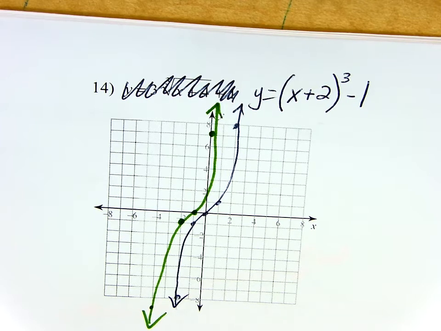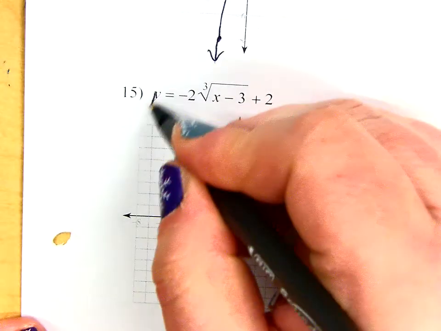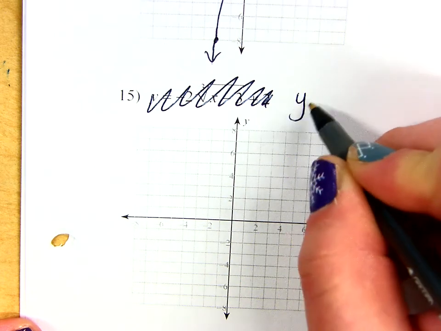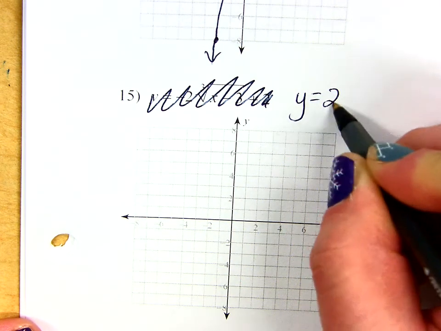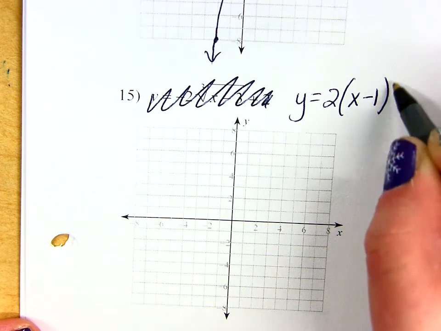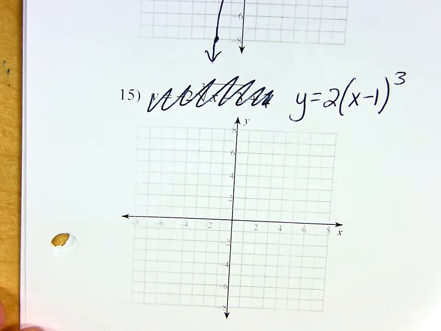Now you can have numbers out in front that stretch or shrink things just like we have had before. So let's cross off 15 and we'll make up a new one. Let's make this one 2 times (x minus 1) cubed. Let's do it just like that.